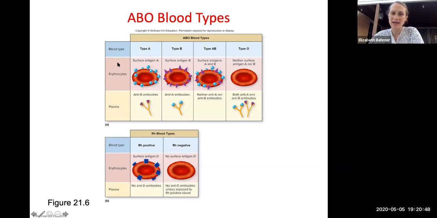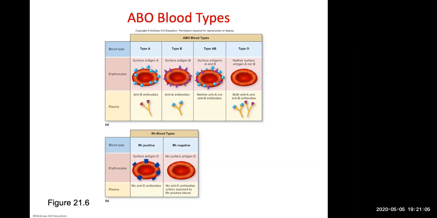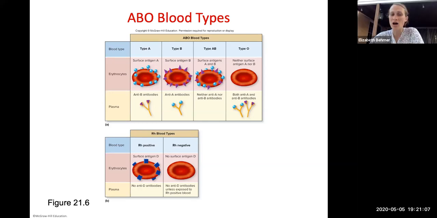If we look at type A blood, it has the A surface antigen on its red blood cell surface, and it will create anti-B antibodies, which will hook up to surface antigen B. You can see there are little purple triangles indicating that the surface antigen B will hook onto those anti-B antibodies, so it will defend the body against any Bs.